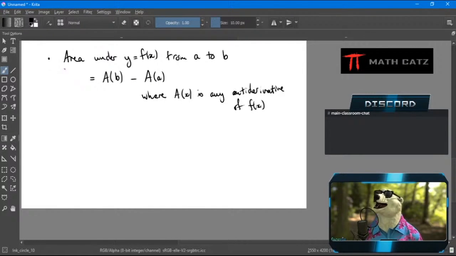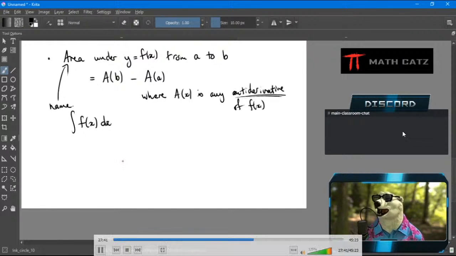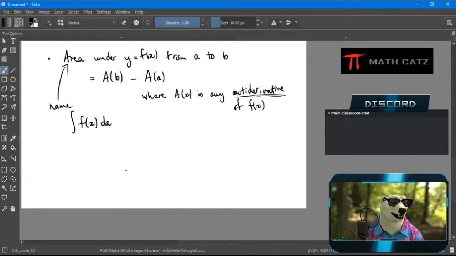Now it would be nice to give this a name, just so I don't write out area under f of x from a to b every single time. Because this area is so closely linked to the antiderivative, I want a name that is similar to the name of an antiderivative, the indefinite integral.